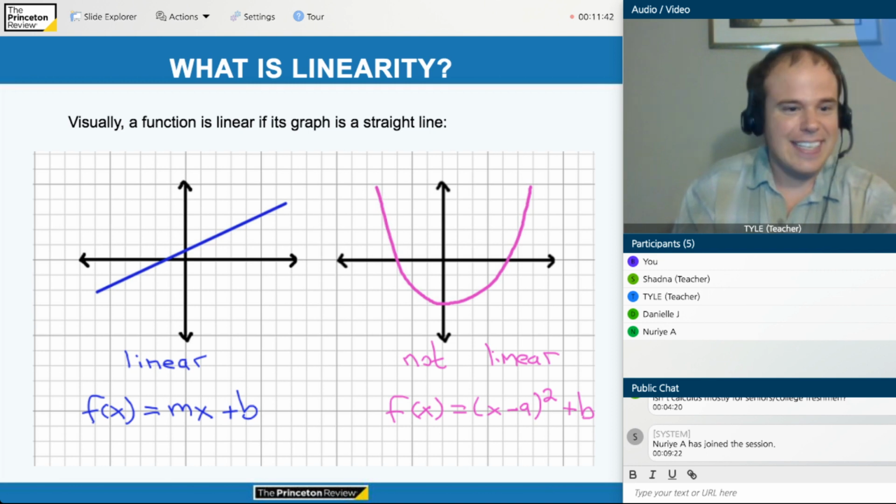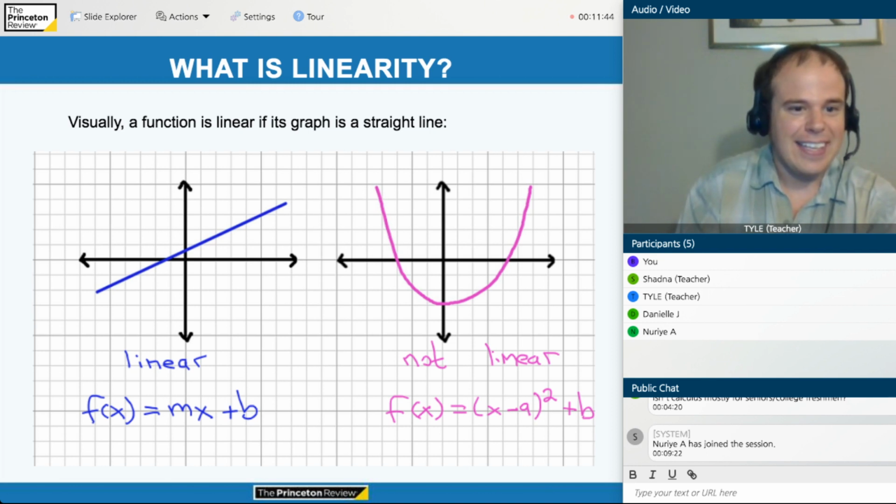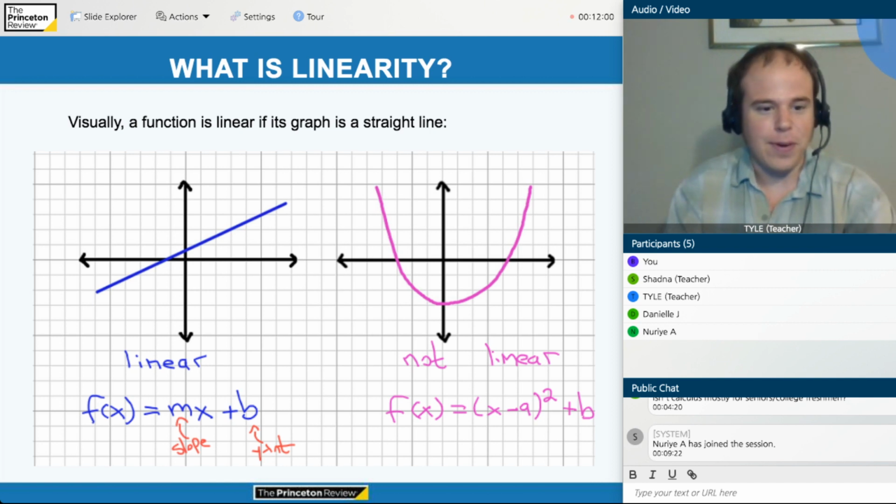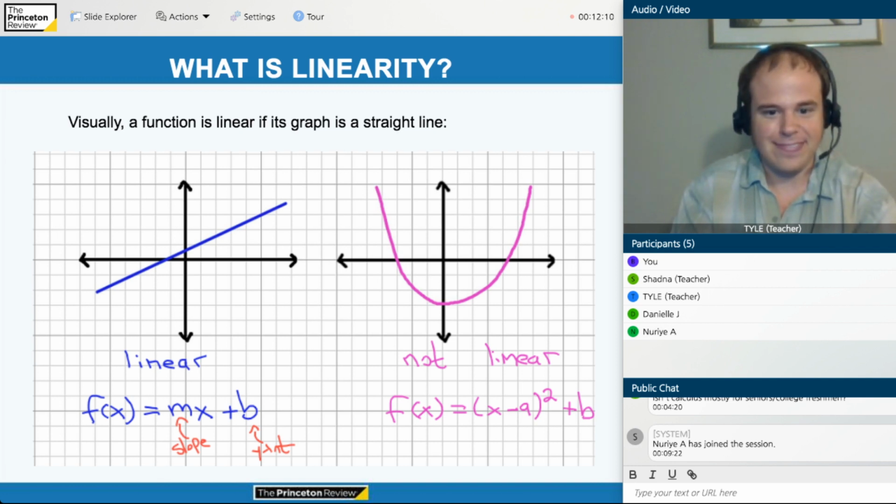The point is that one is linear, one is not. In particular, we said this was the slope, and this was the y-intercept, right? But the key point for this slide is just that these types of functions are linear on the left, of the form y equals mx plus b, and on the right-hand side, anything else basically is not linear. And this parabola is just one example.